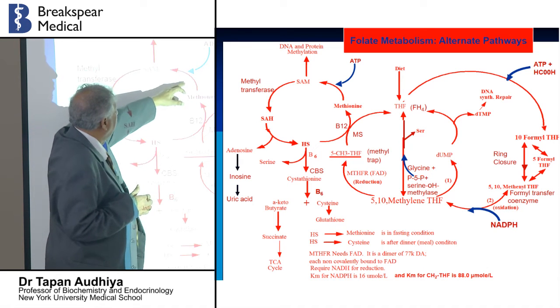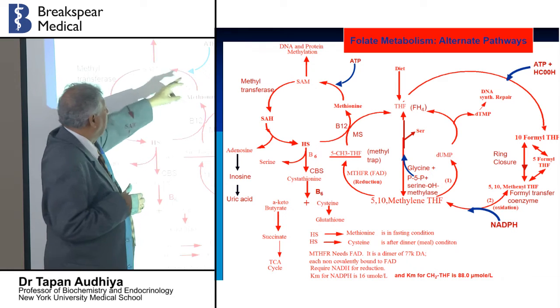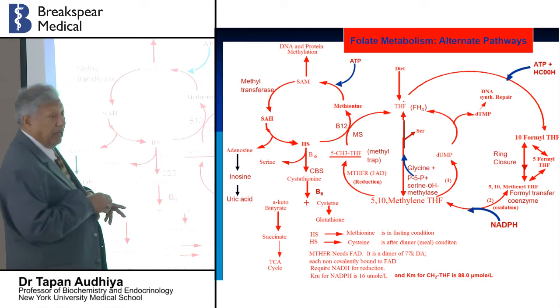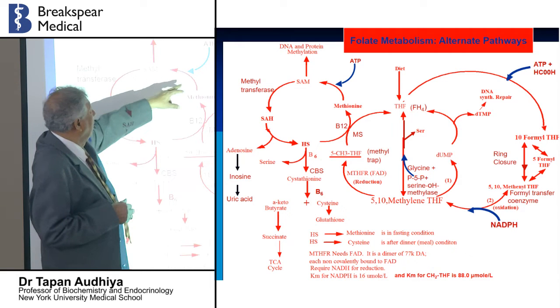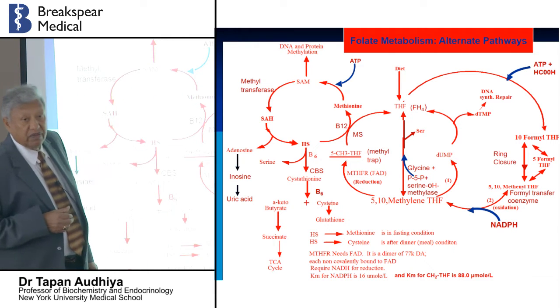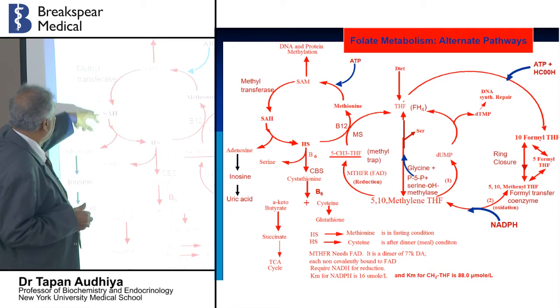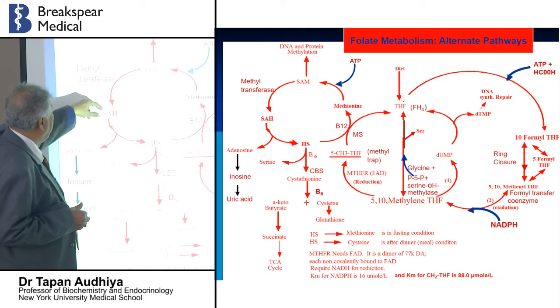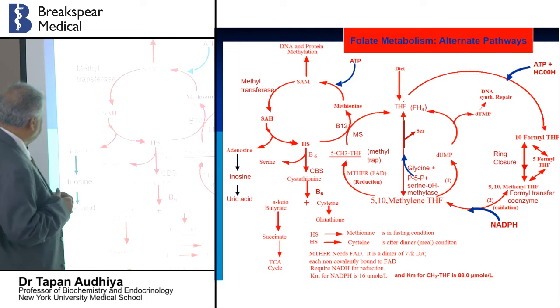Here we found there is a partial block in some cases, particularly in chronic fatigue syndrome. The people do not make enough SAM because of that block. Then SAM becomes SAH, through a methyltransferase. There are 2 enzymes involved in that, and we also have some people who have a problem with this.